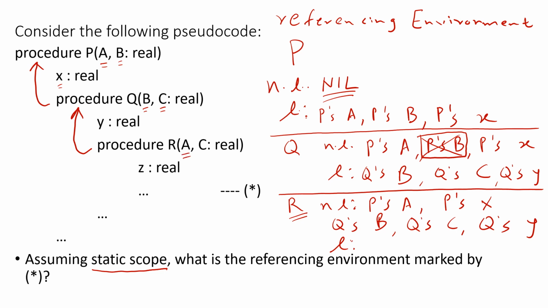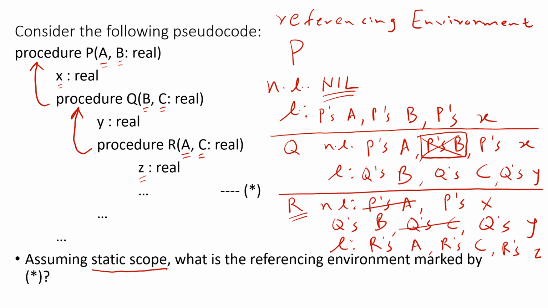It has its own copy of A, so it is R's A. Since it has its own copy of A, it won't access P's A. Then it has its own copy of C, so R's C, so it won't access Q's C. And then it has its own copy of Z, so R's Z.